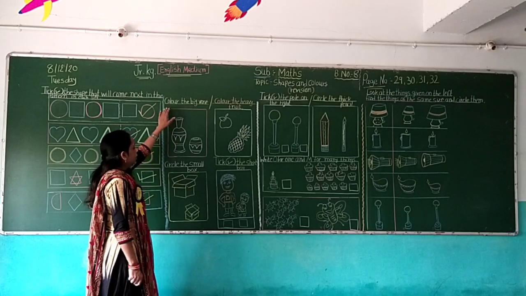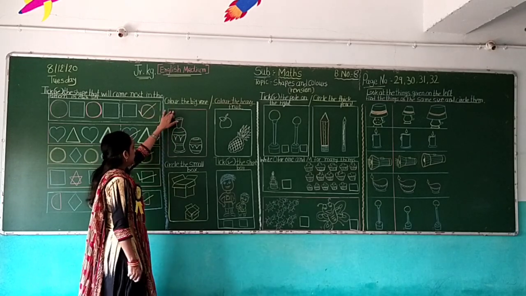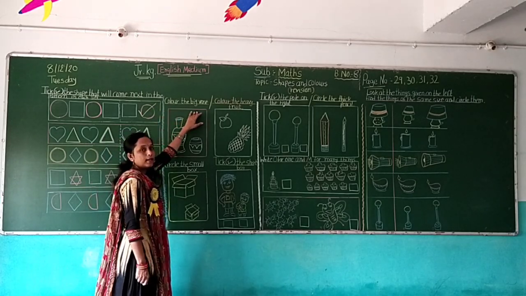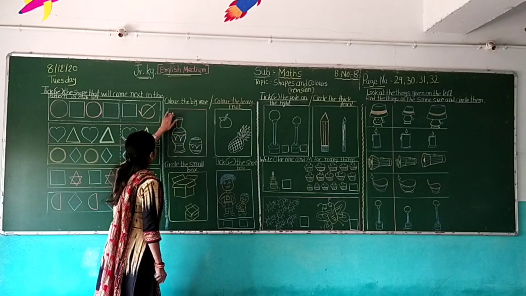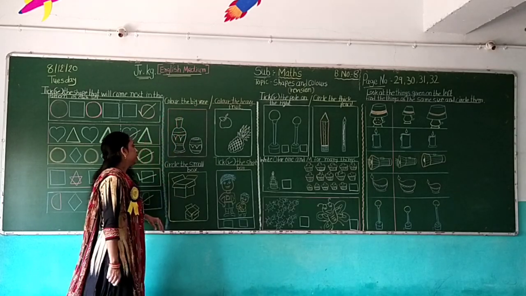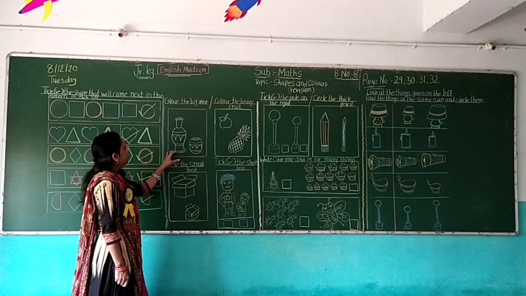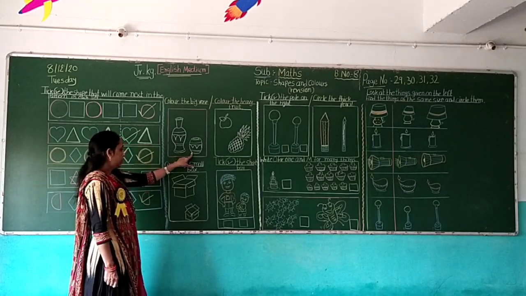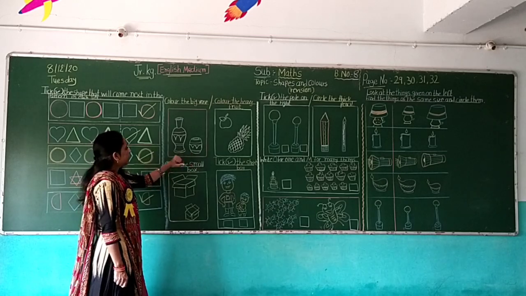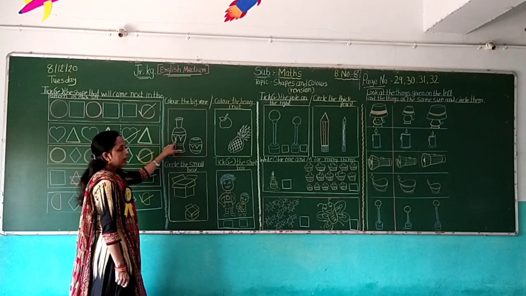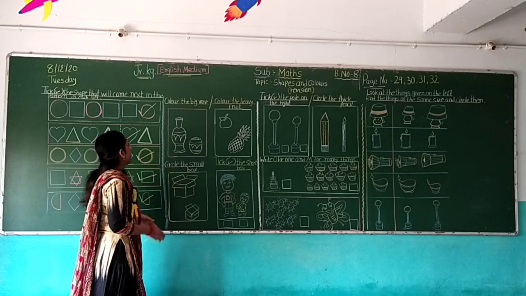Okay. So our next exercise is color the big vase. So look at this picture carefully. So student, which vase is big? This? No. This vase is small. This? Yes. This vase is big.